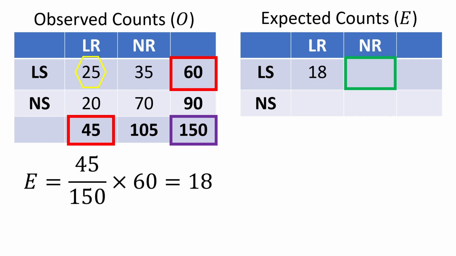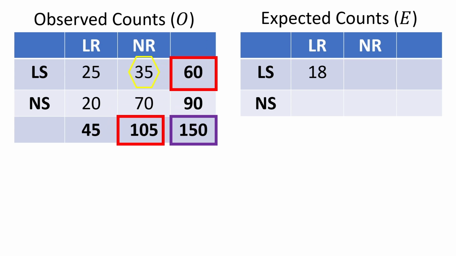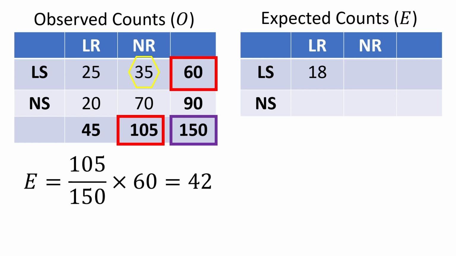Pause the video now and do the calculation. So for this contingency, you can see the column total is 105, the row total 60, grand total still 150. So we go column total divided by grand total times row total, we get 42. So here, the expected count is 42.